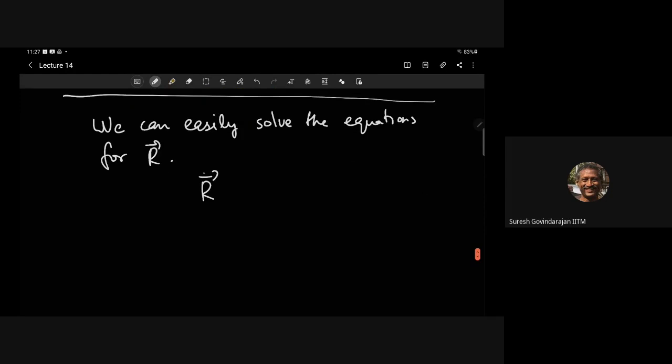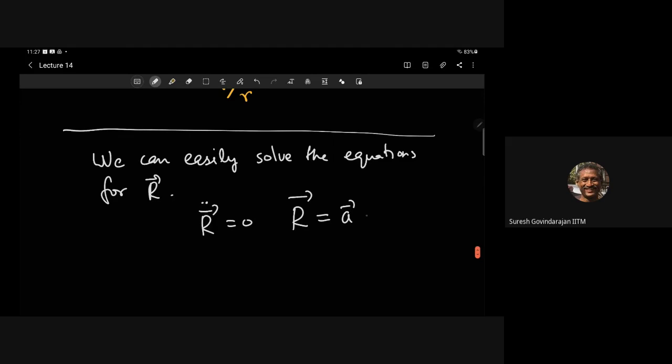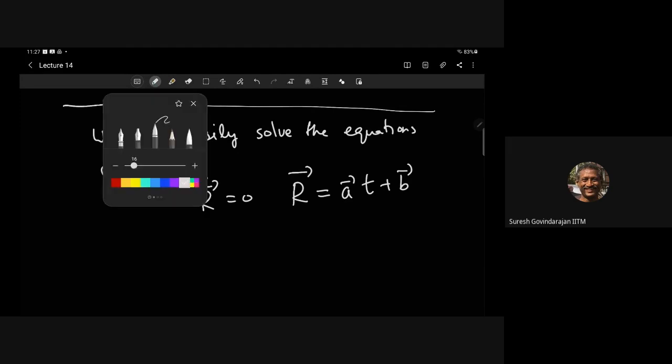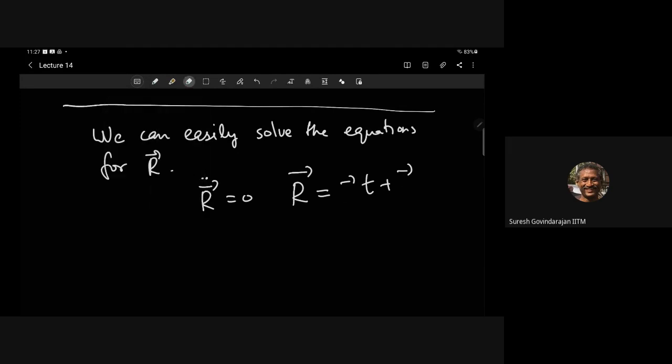It just says that R double dot is 0. So the most general thing will be R will be some constant vector times T plus another. So that would just say that the center of mass is moving with uniform velocity. Oh, bad. Let's call it U. Okay, so it's moving with some velocity U.